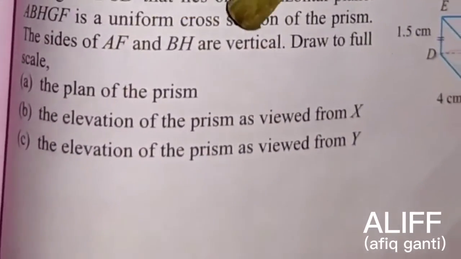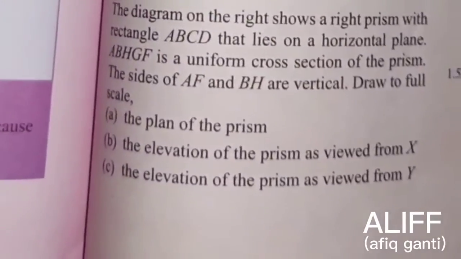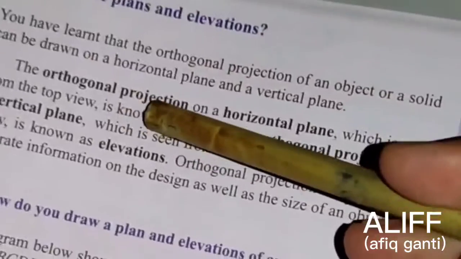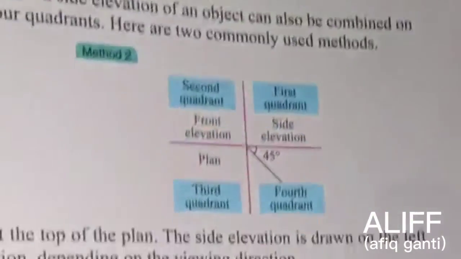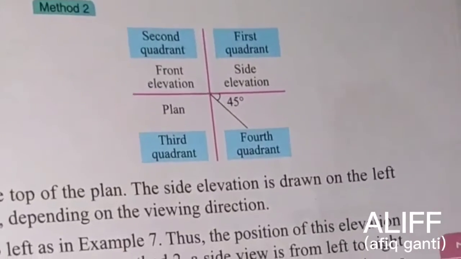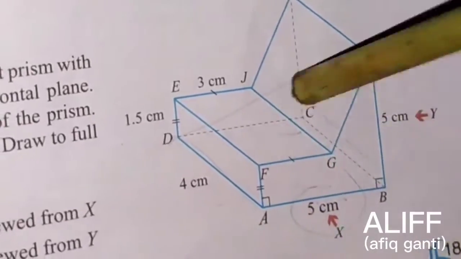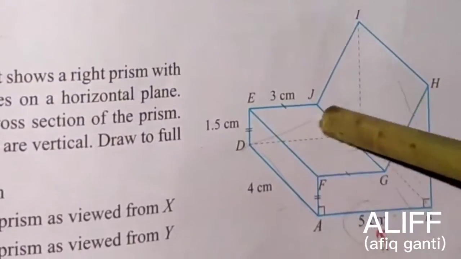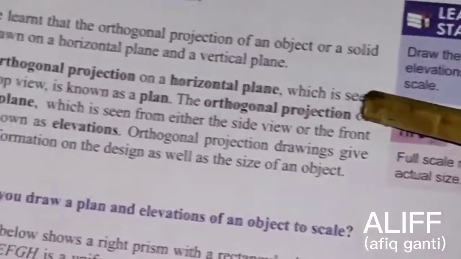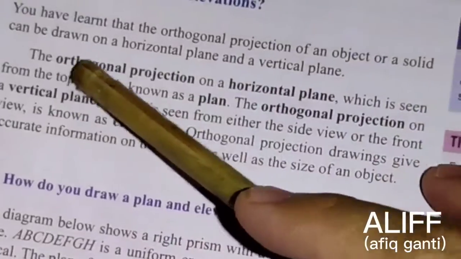The plane of a prism, as we heard in the first place, is the orthogonal projection on a horizontal plane. If AF and BH are vertical, it means the horizontal plane should be from here, which is seen from the top view.